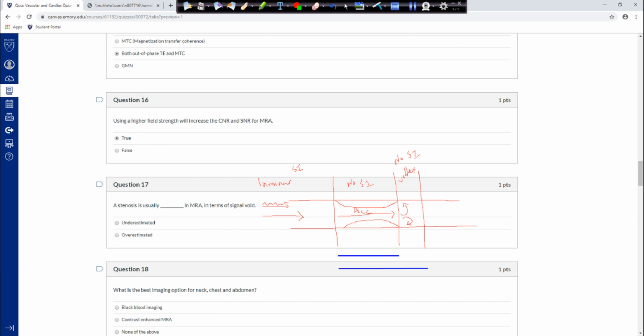So is this over or underestimated? So this is overestimated. So the answer is going to be overestimated. Because this is what appears on our MRA imaging, and this is the actual size of stenosis.